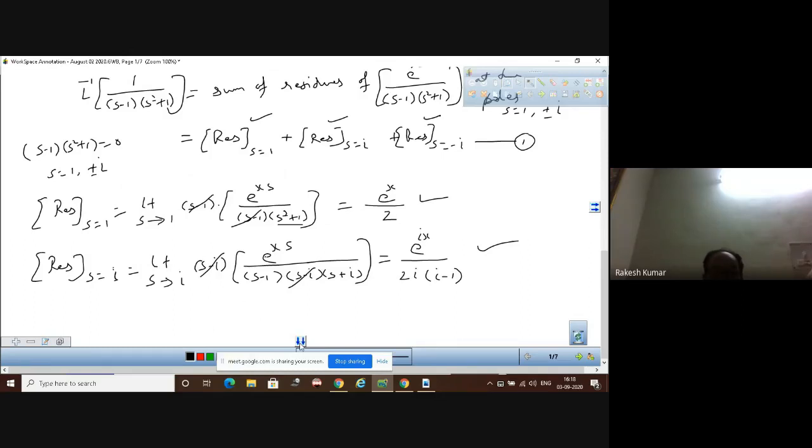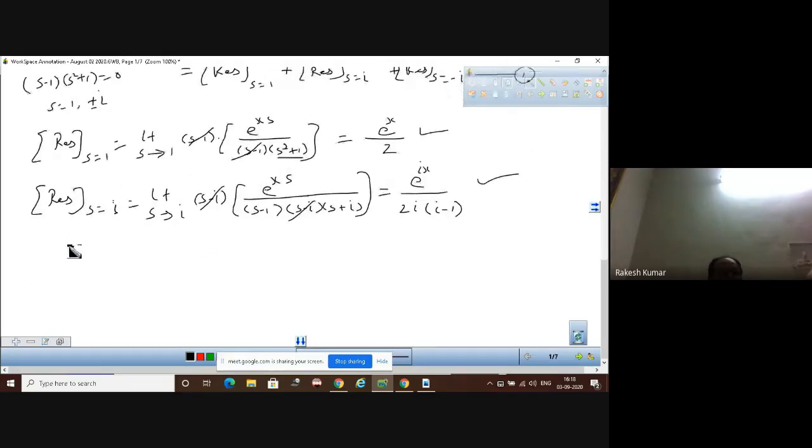And the third residue, how to find it? The third residue will be at s equal to minus iota. Now, we can find it here, but simply you can also do this. This is the residue for s equal to iota, and now we have to find s equal to minus iota.